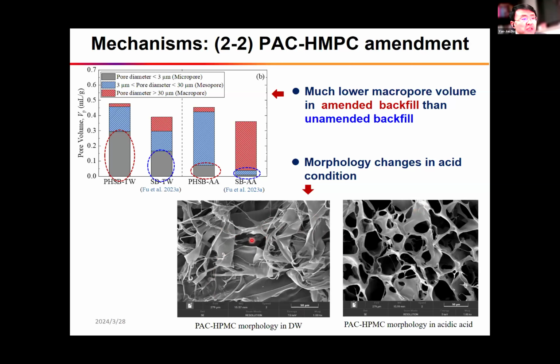Here is the morphology of the polymer in the distilled water. However, after exposure to the acetic acid condition, the morphology is slightly changed, and the structure of the hydrogel is relatively a little loose. That means some polymer has been exhausted due to the exposure to the acetic acid.